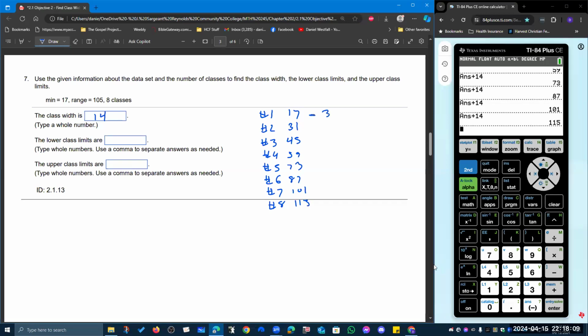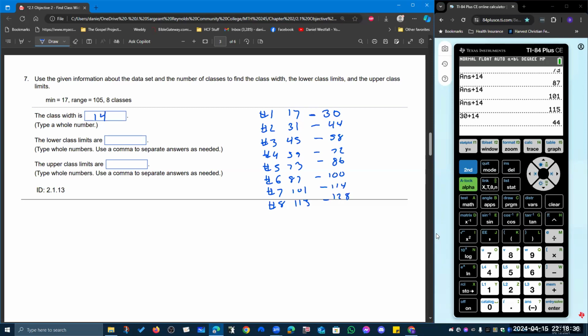And then the first upper limit is 30. 30 plus 14 is 44, then 58, 72, 86, 100, 114. Add 14 to 114 to get 128.